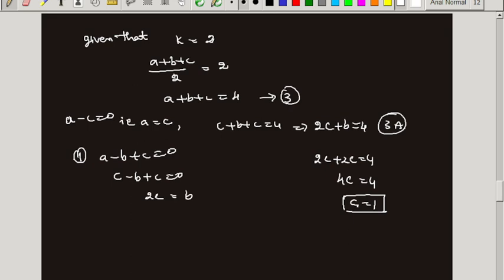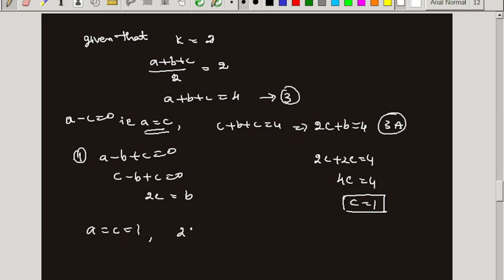For c equal to 1, and a equal to c, a is also 1.